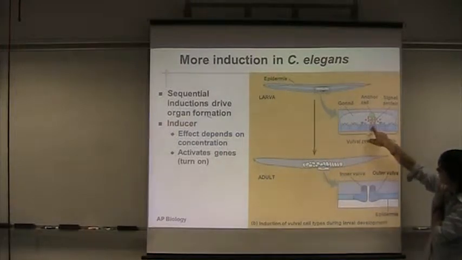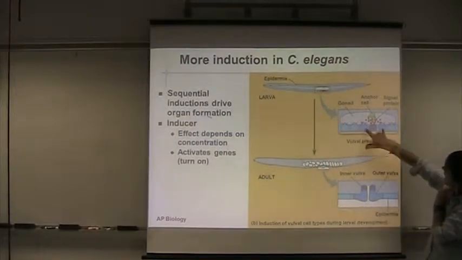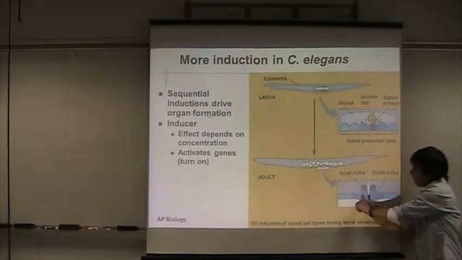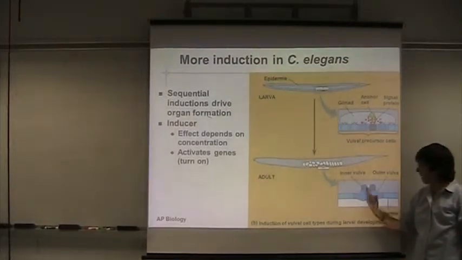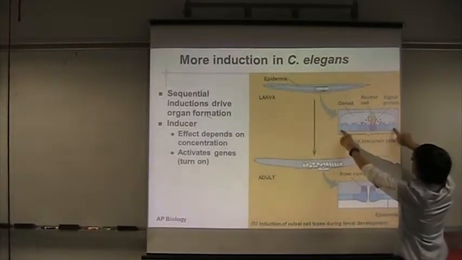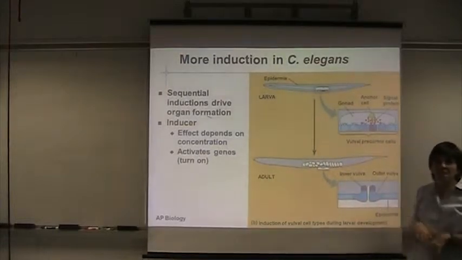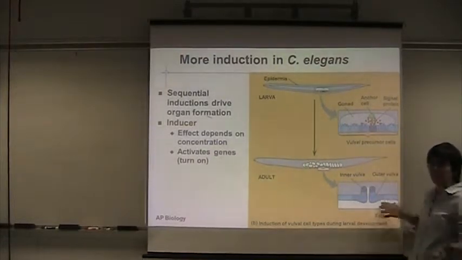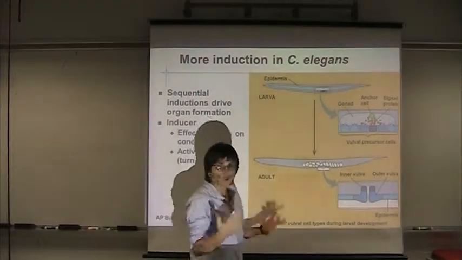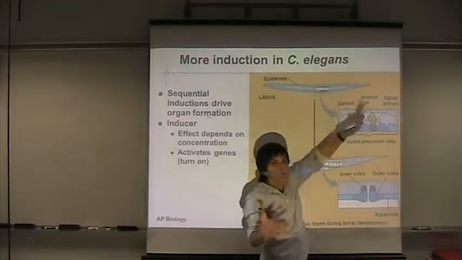Notice that the dark blue and the next ones become here, and they allow for the formation of that entry, or exit in this case, for the eggs. What happens to these cells over here that did not get any signal? Nothing. They don't do anything. They stay solid. Remember, larval stages are not sexually mature, so there are no openings.